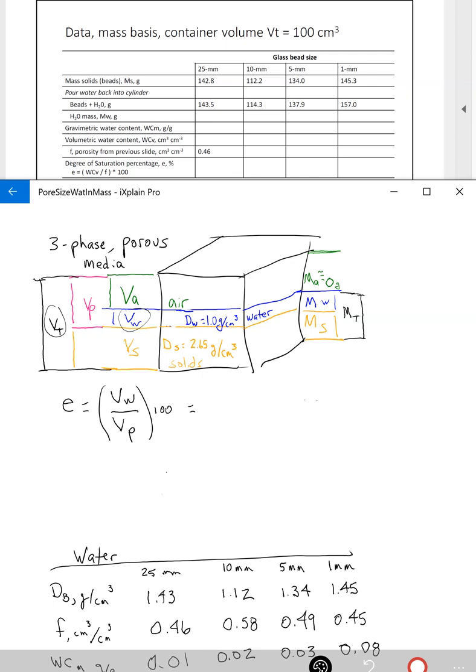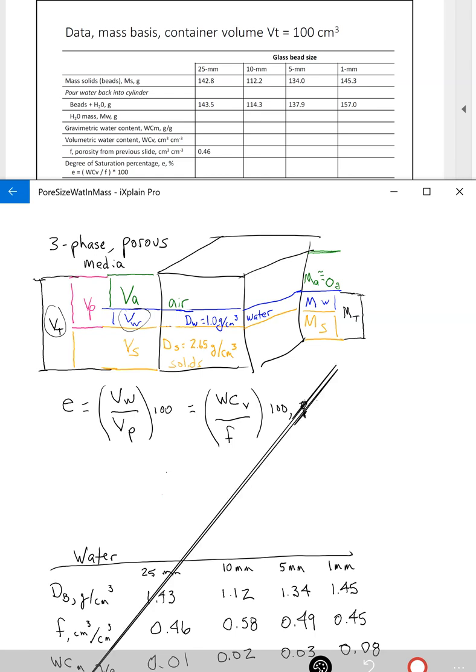And when we get to soil, the pores are far too small for them to be filled. When we try and pour water in through a graduated cylinder, there would be way too much air trapped in there to be able to make that estimate. So we're going to use the volumetric water content we calculated, and the porosity we calculated, multiplied by 100, so we get something in percent.